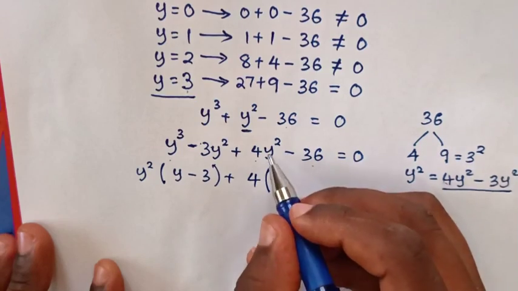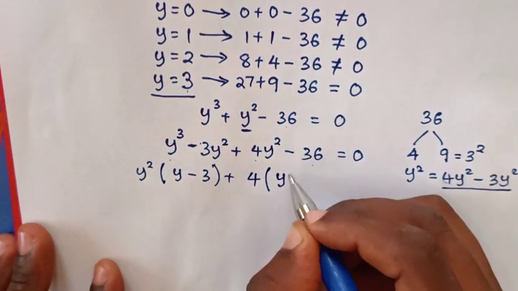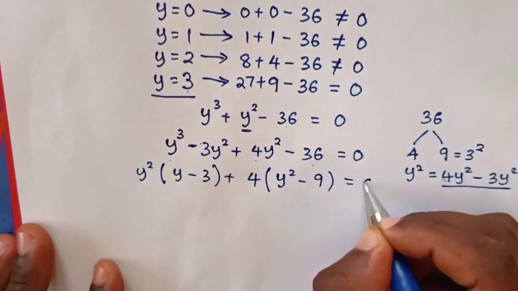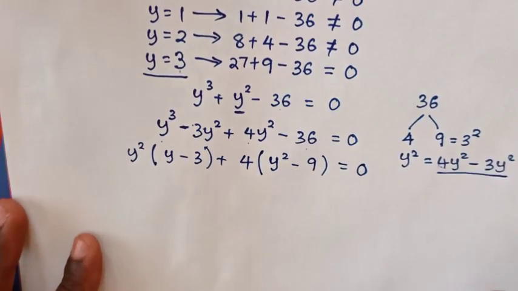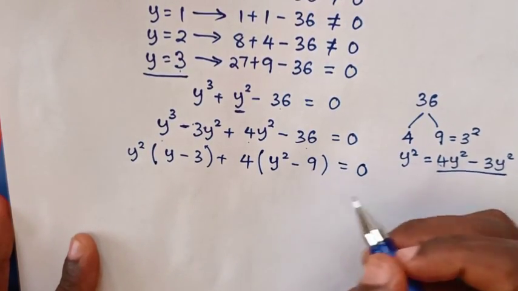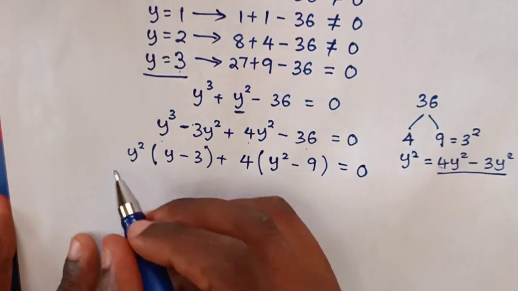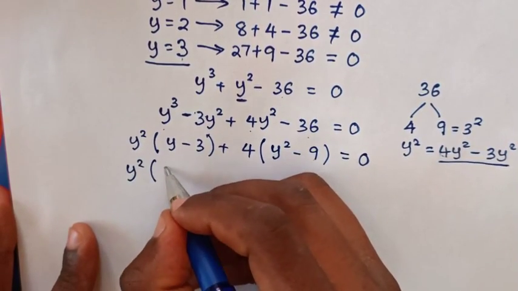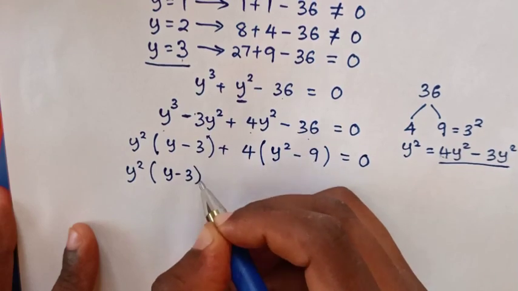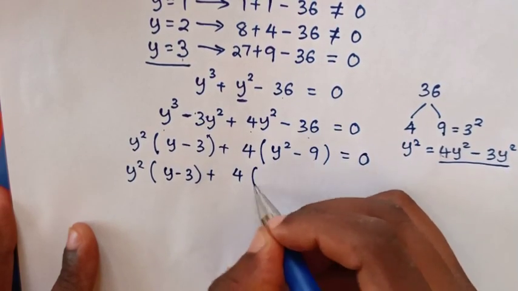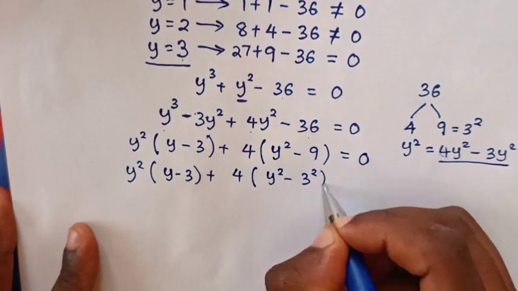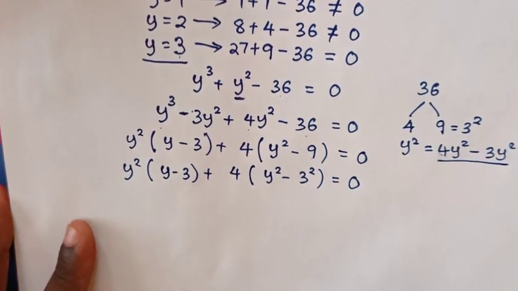Then in the bracket, this divided by this is y^2, this divided by this is minus 9, equal to 0. Then this 9 is the same as 3 squared. So here the equation will be y^2(y - 3) + 4(y^2 - 3^2) = 0.